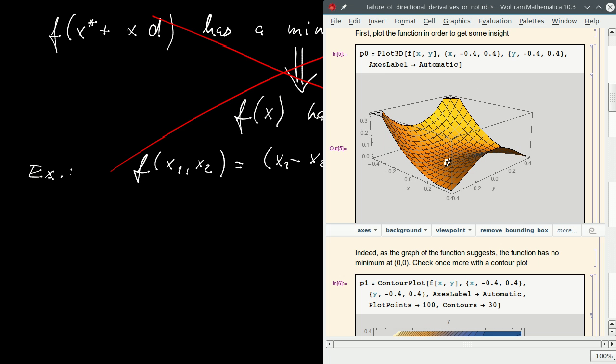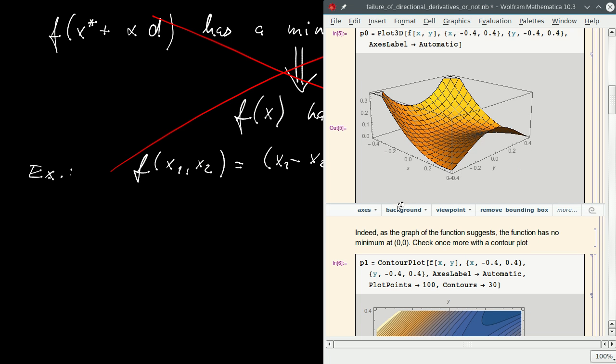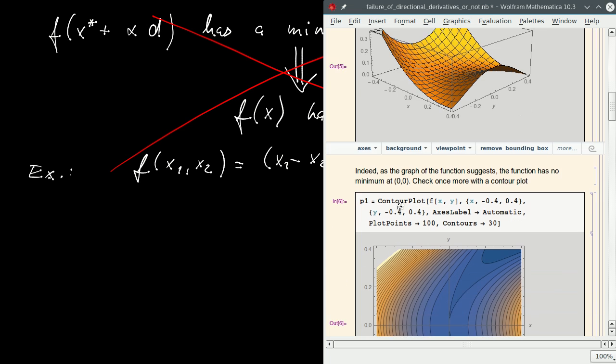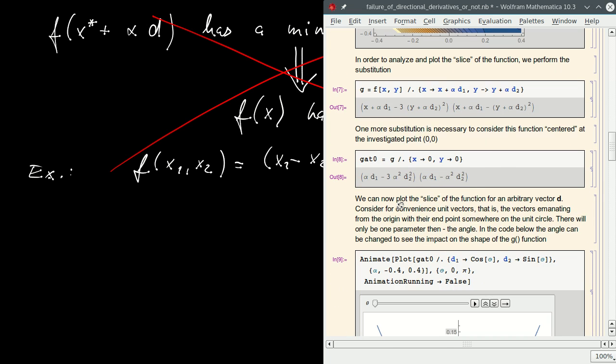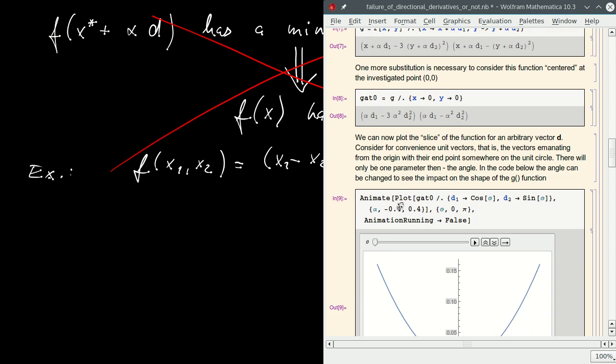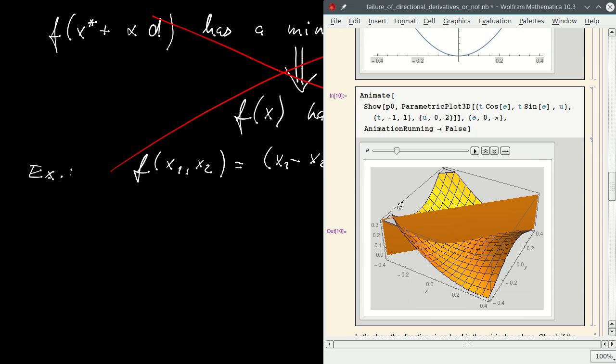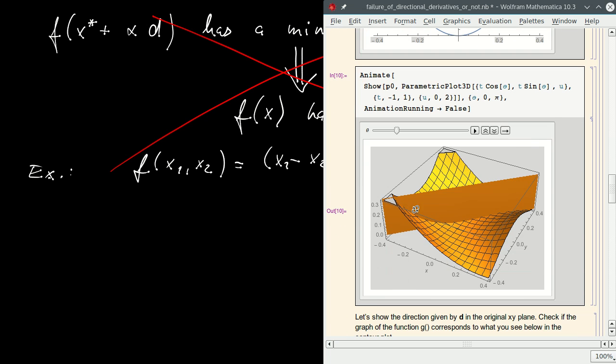And yet, let's have a look at what happens if I analyze the function along arbitrary directions. This can be visualized as if I was making some slices of the function, like this.